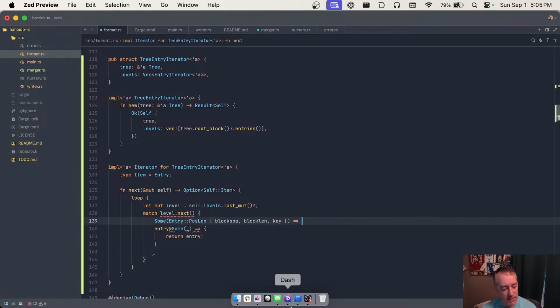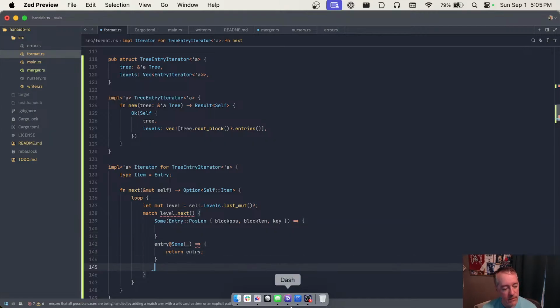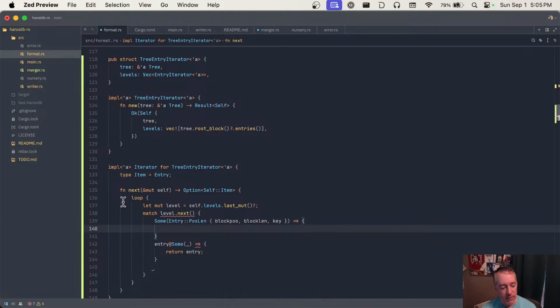Because in this case we need to get a block for this and push it onto, and this is where we may run into cases of overlapping borrows, but whatever.